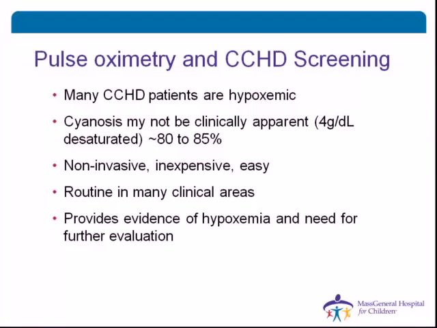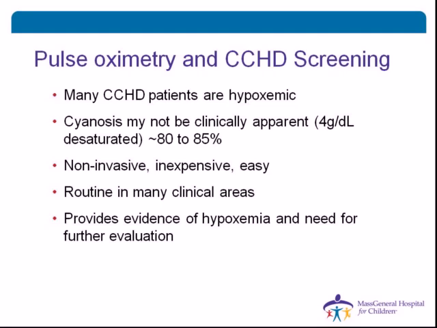Recently, there has been some discussion and implementation of pulse oximetry screening for congenital heart disease. Many children with critical congenital heart disease may not be hypoxemic, and clinical appearance of their cyanosis might not be apparent unless they're profoundly cyanotic, with saturations requiring to be as low as 80 occasionally for a clinician to appreciate it.